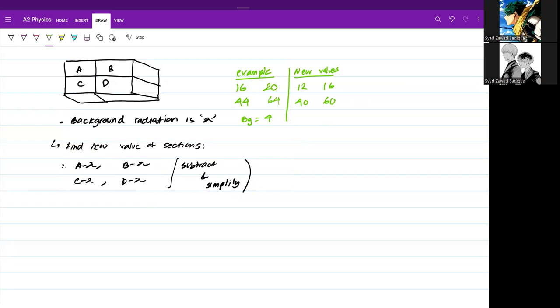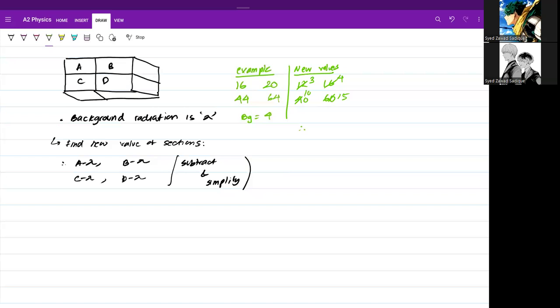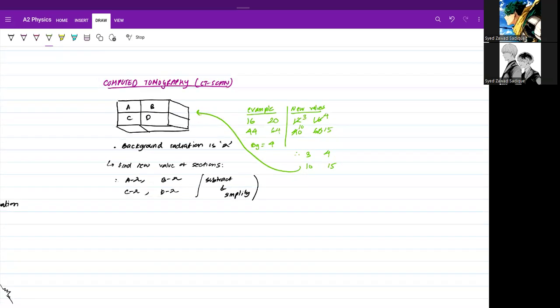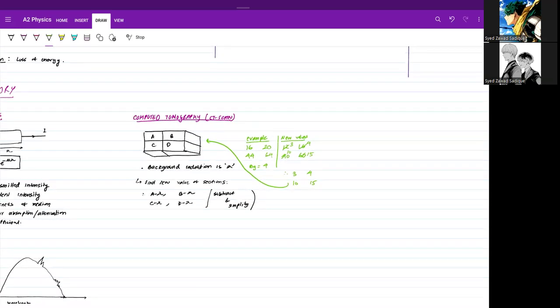So if you cancel them by 4, you will see 4, 3, 4, 4, 4, 10, 4, 15. Therefore, the new answer is 3, 4, 10, 15. There you go. Which you just insert into this again. All right, simple as that. No complicated stuff.